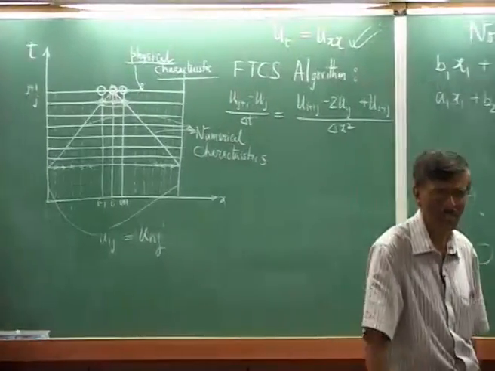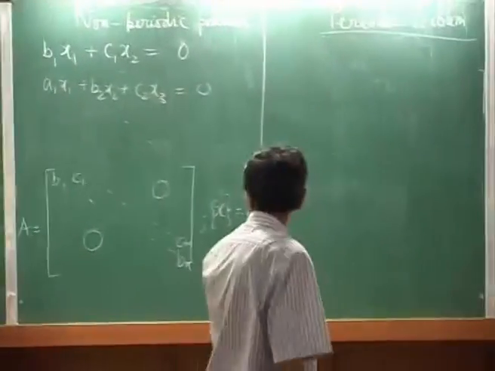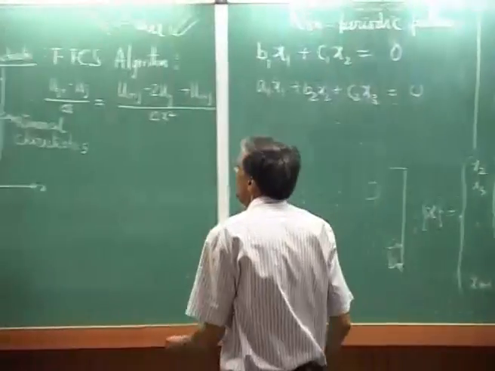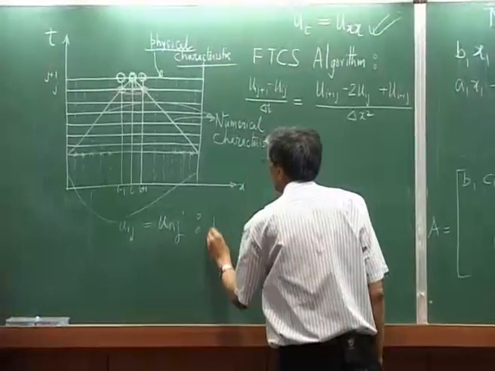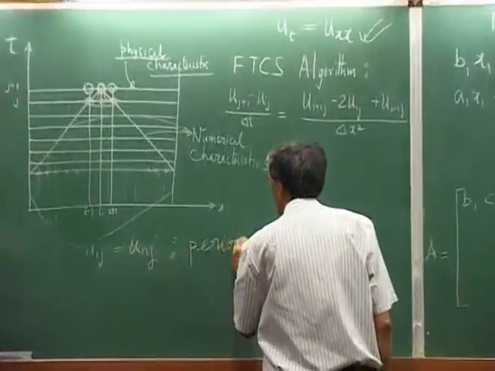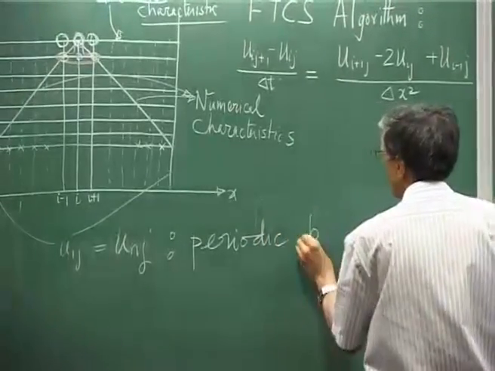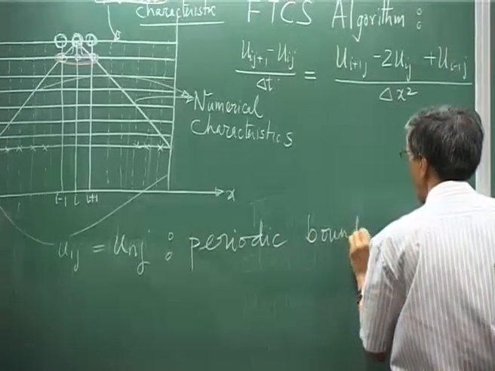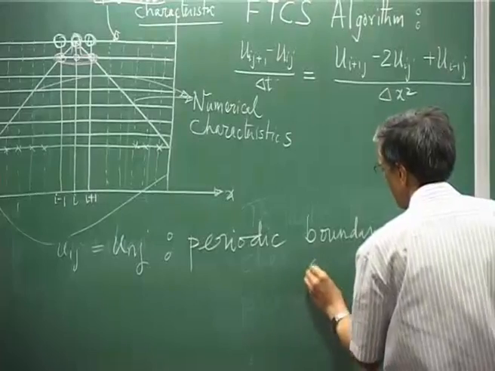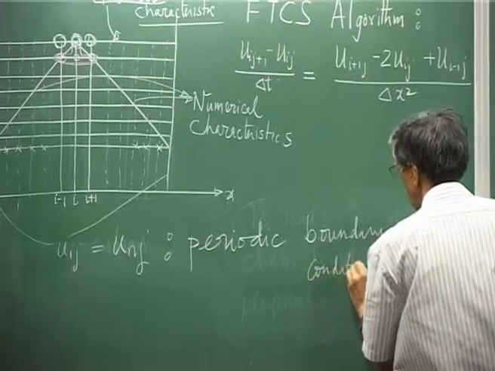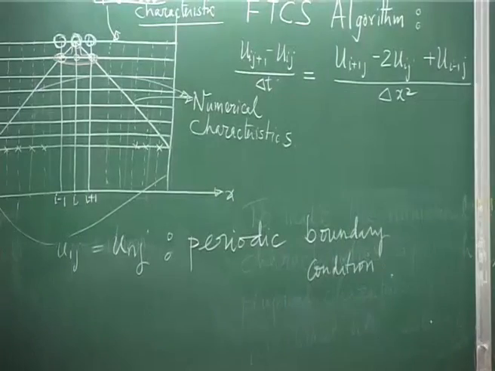Instead, the boundary condition is the periodic boundary condition, that is what I wrote. So basically my unknowns will be what?